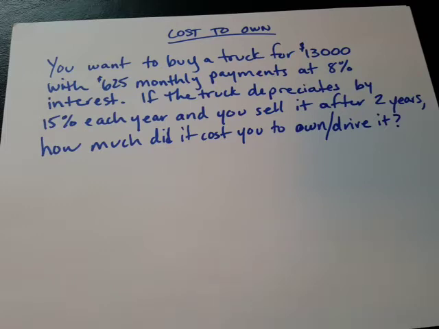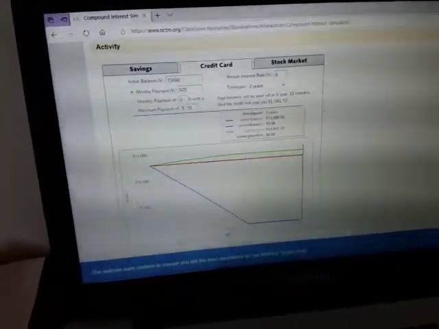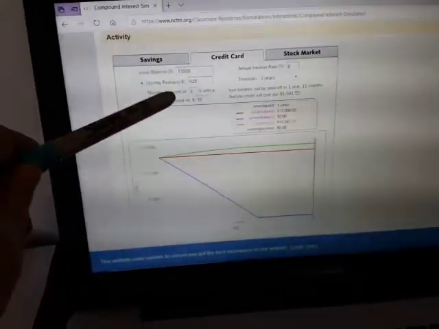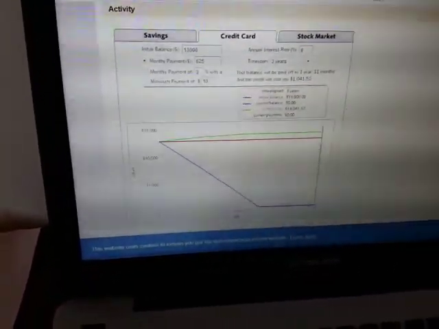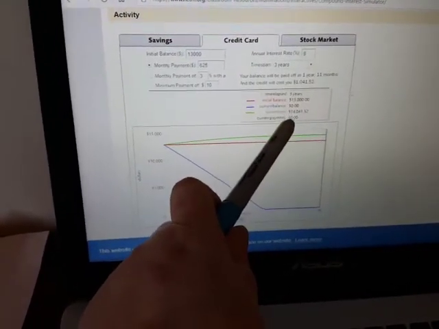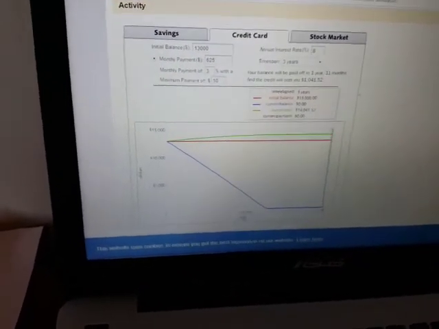interest simulator. And I'm just going to walk you over to my laptop. $13,000 initial investment, a monthly payment of $625, interest rate of 8%, and it doesn't matter what the time span is, but we can see that we get it paid off at a total cost of $14,041.52.